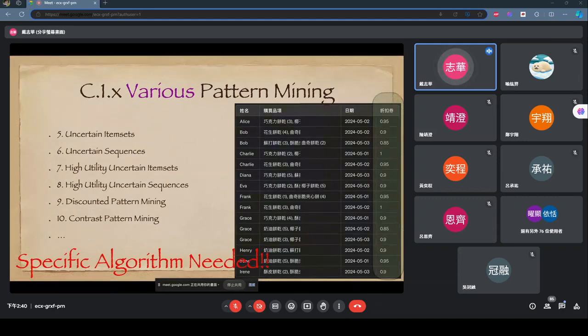Yeah, I try to promote the pattern mining task as much as I can. It's a feeling: when most of the students or most of the people come to me, they always talk about classification, classification, classification.